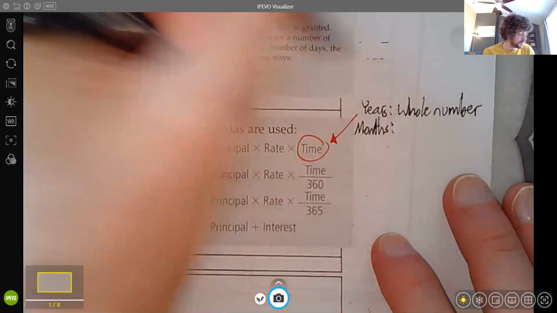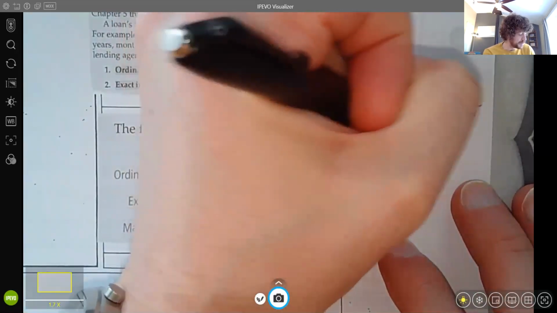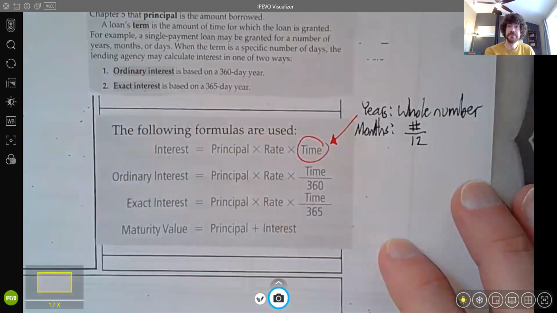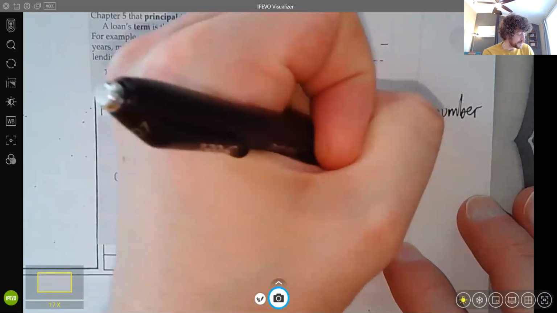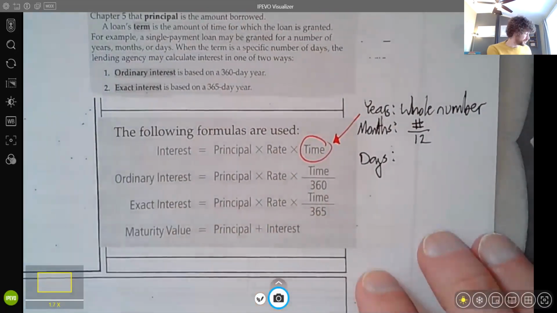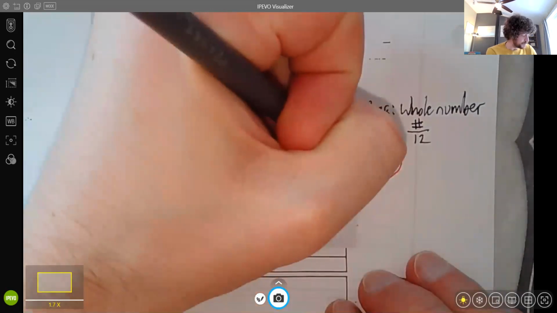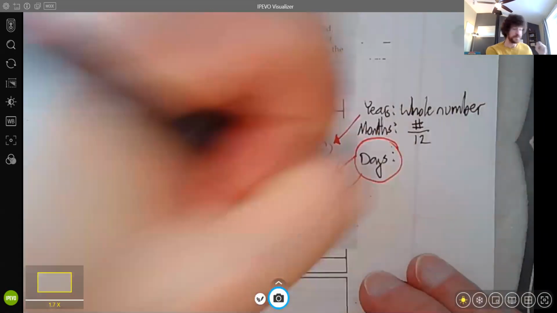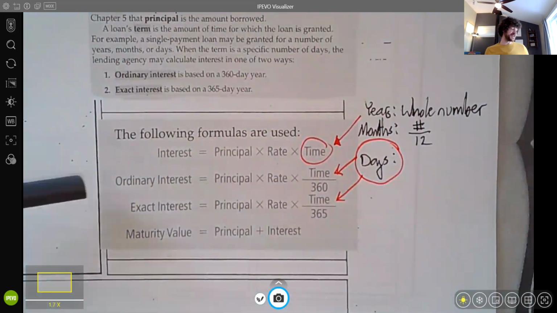Months would be the number over 12. And then days would be one of those two, either 360 or 365, depending on the type of interest that's being calculated.